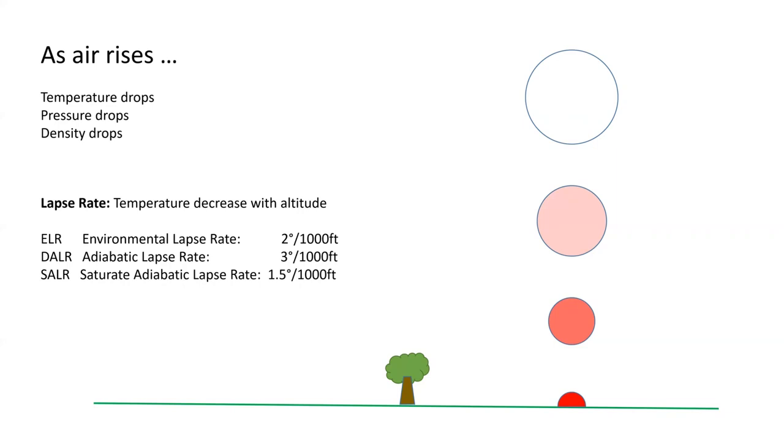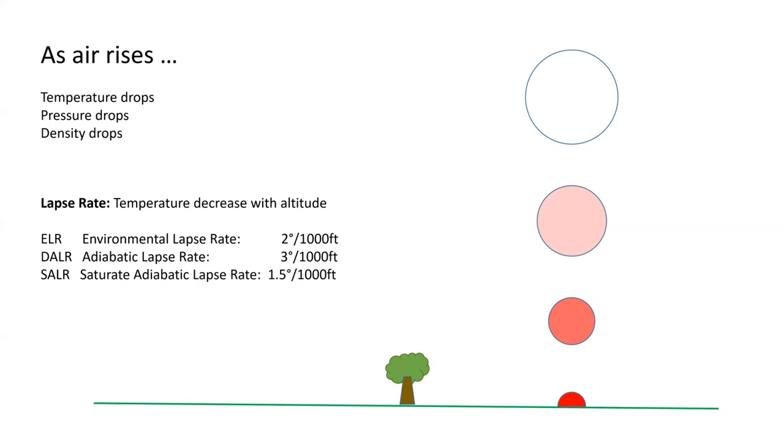So as you go up through the atmosphere, the amount of water that will be held within the vapor phase, within that parcel of air, drops all the time. And so it's cloud forming.